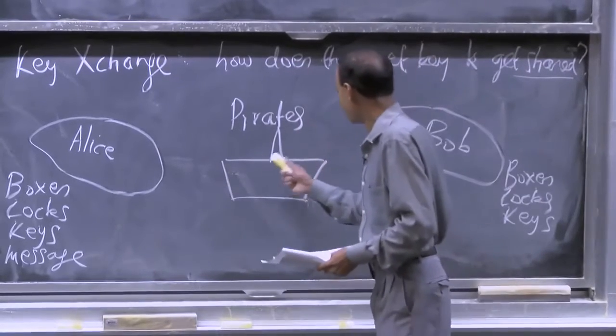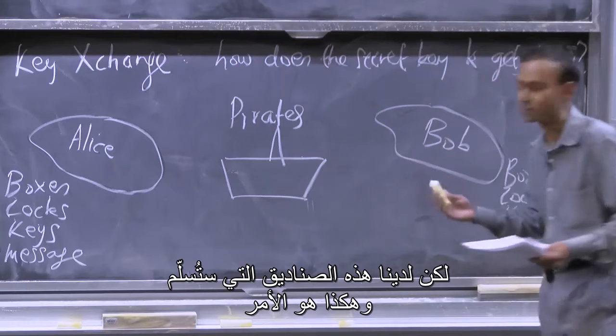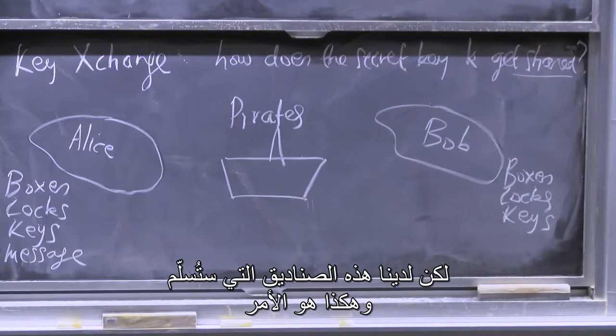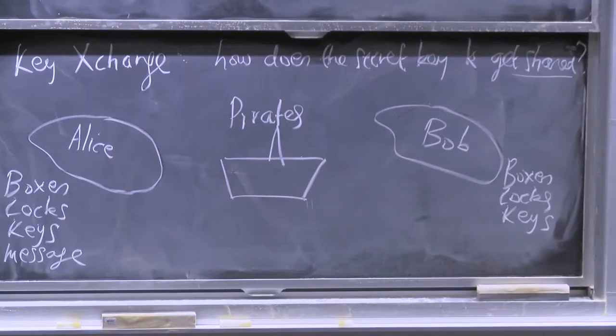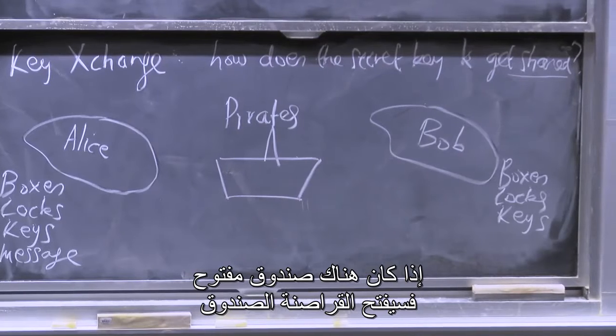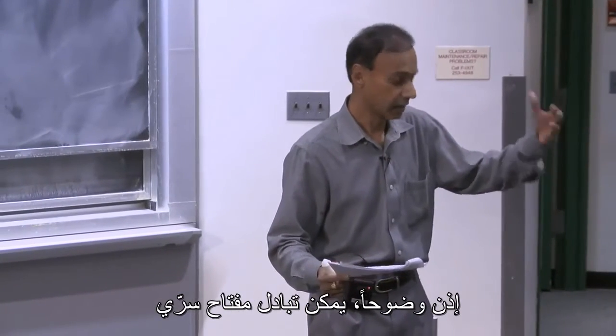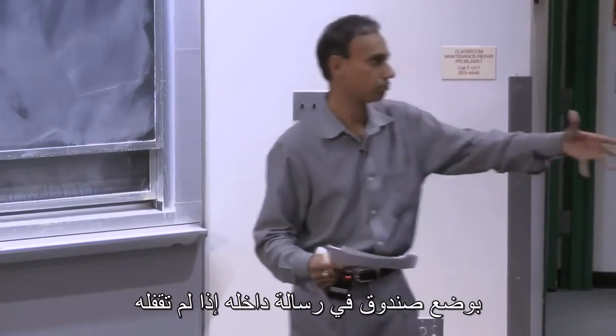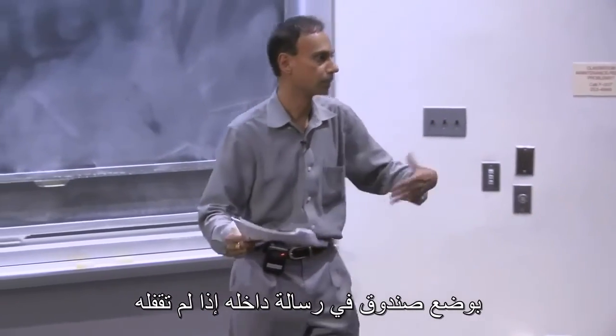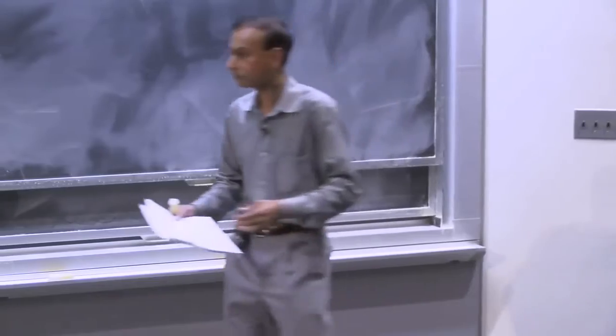I'm not a sailor. But you have these boxes that are going to get delivered, and the deal is this. If there's an open box, the pirates will open the box. And if there's any message in it, they might read it, they might throw it away. Right? So clearly a secret key can be exchanged by just putting a box with a message in it if you don't lock it.